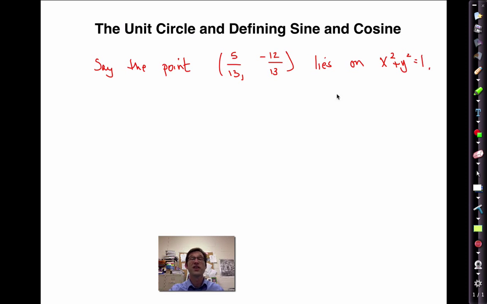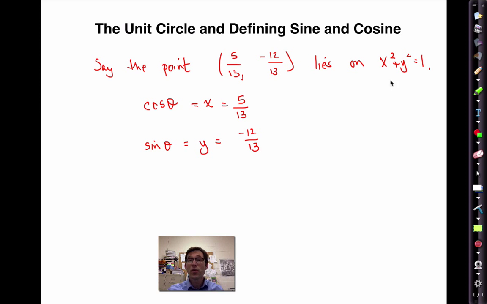By the way, it does lie on that. And then maybe I say, hey, what's the value of cosine theta? Well, on the unit circle, cosine theta is x, so the cosine of theta will just be 5/13. The sine of theta, well, that's just y on the unit circle, so that would be -12/13. So it's really simple.